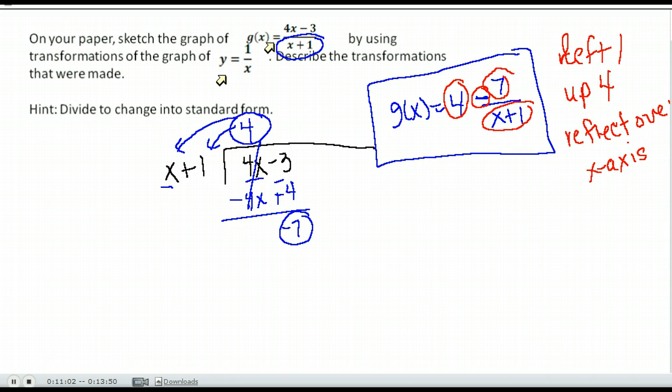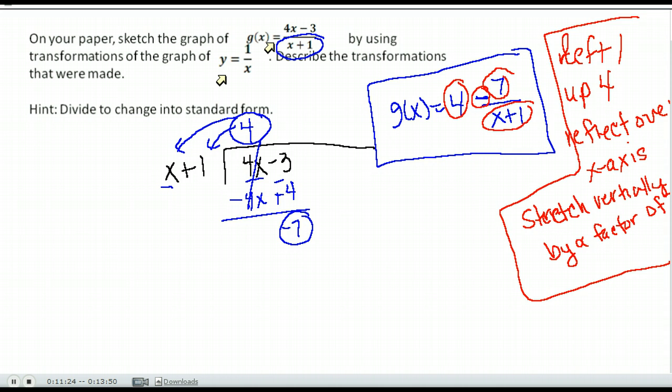We have a 7, so that's going to stretch vertically. And again, when that's in the top of your fraction, it's a stretch by a factor of 7. So basically it would multiply all of our y values by 7.